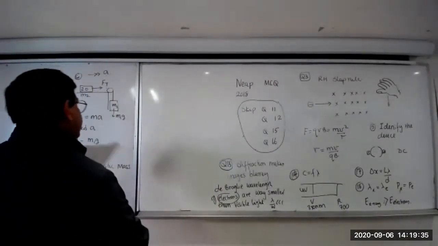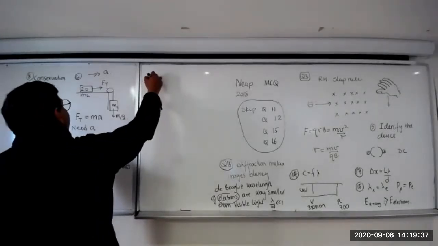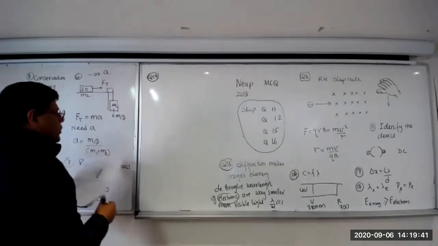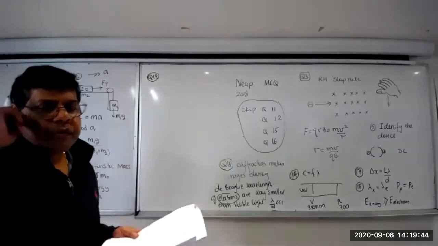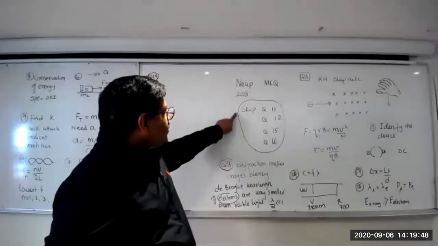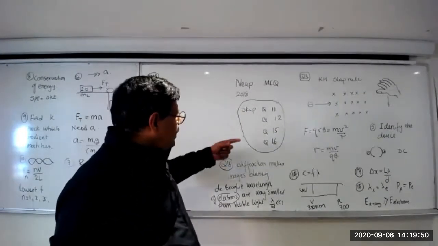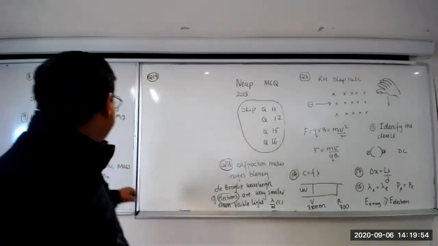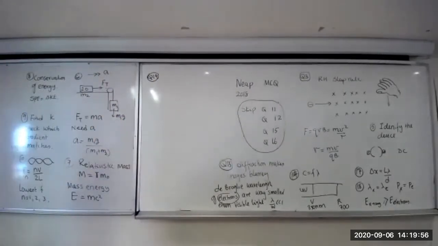So question 19. We're just going through the NEEP exam multiple choice questions. Once we've done that, we'll come back to light and matter. So you can skip those questions. I just give a little bit of help here and there. I think I got rid of question 1 and 2.